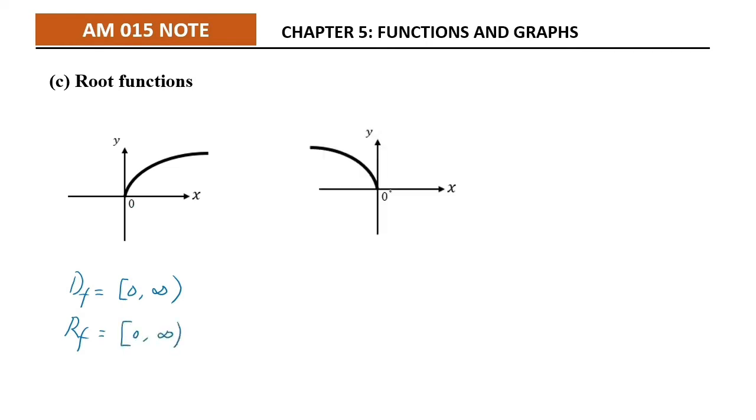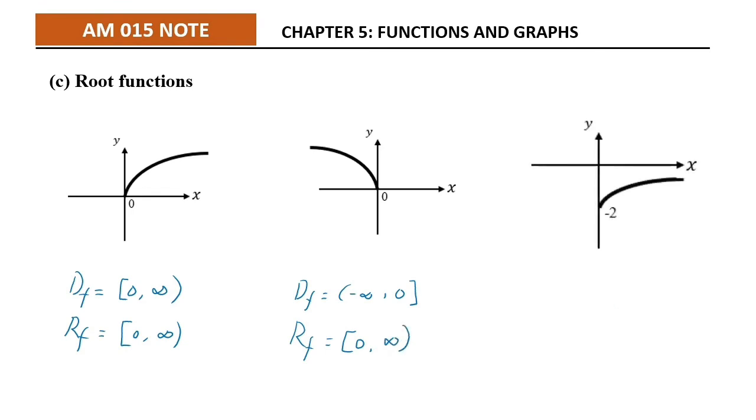Next example, graph starts from 0 and goes to the left, so domain is from negative infinity, the leftmost value, up to 0 included, and range starts from 0 and above, so range is 0 to infinity.